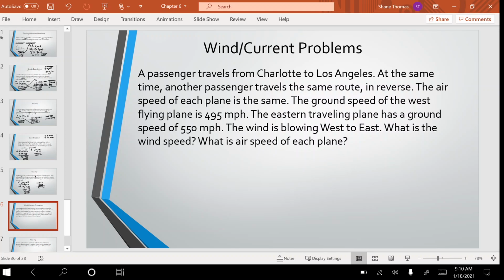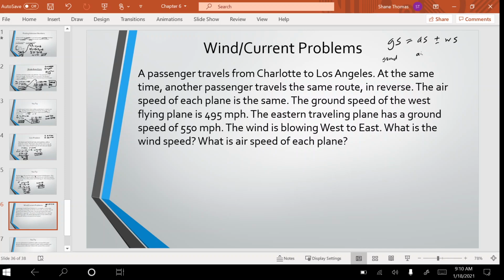So anytime you have a wind or speed problem, you're going to have this equation. You have your ground speed equals your airspeed plus or minus wind speed. So this would be ground.